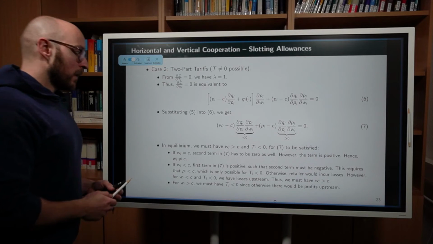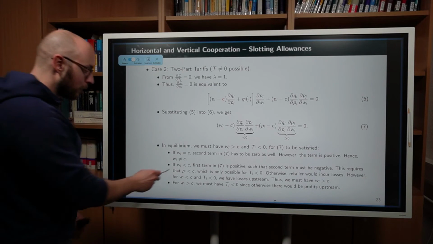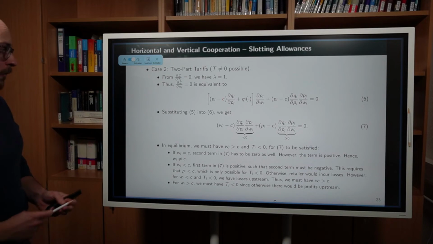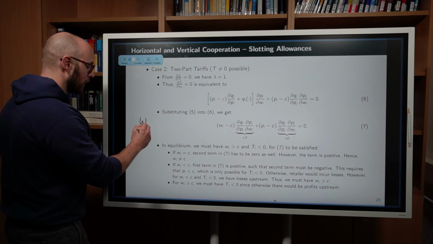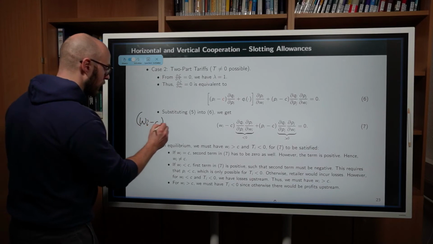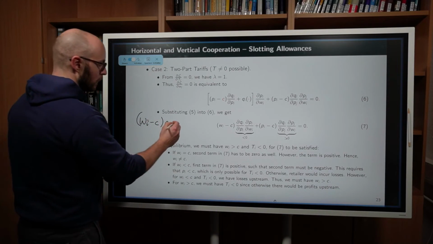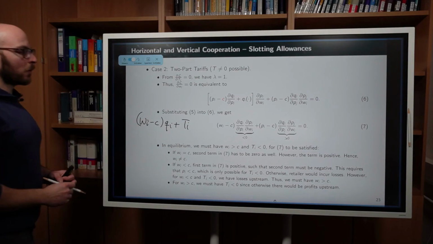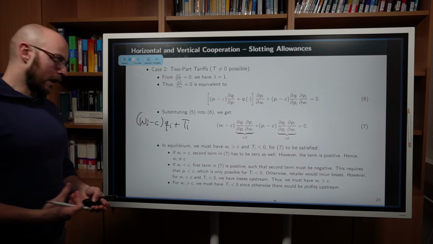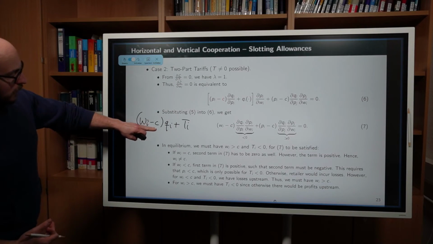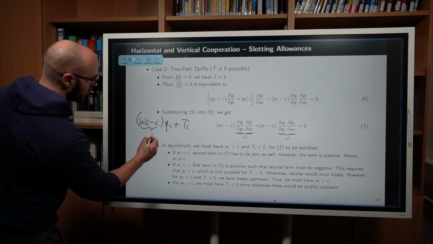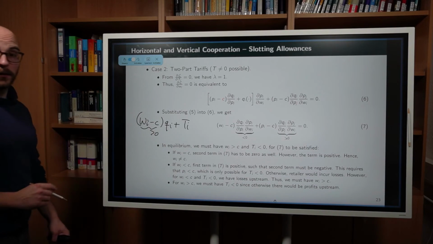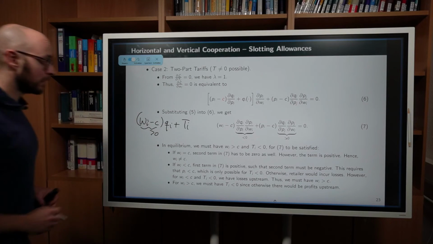And now, if we take that a step further, if Wi is larger than C, then we know from our upstream profits, that is Wi minus C times Qi plus Ti. This is the upstream profit of the firm that supplies firm I. And if we know that this term here is positive, and the quantity is positive as well, then we know that upstream, on this term at least, there are upstream profits.